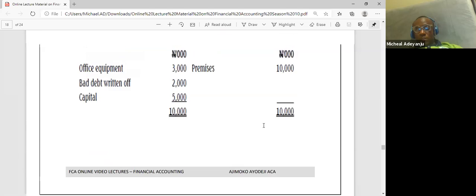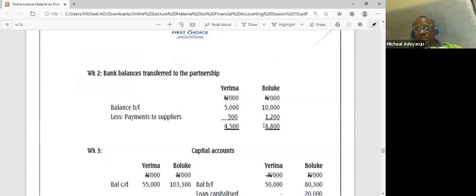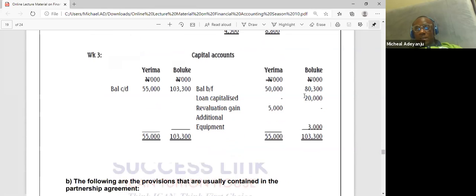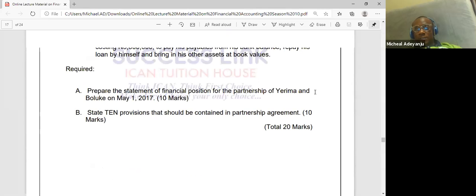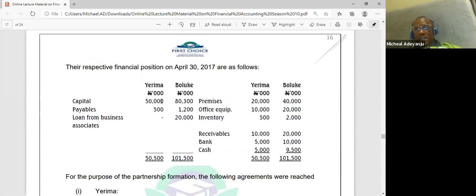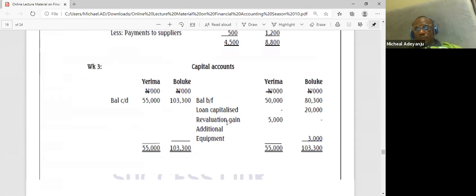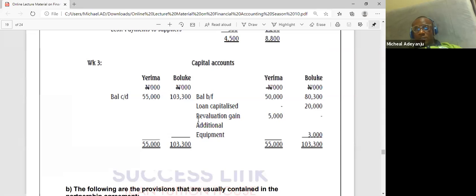Now, if you look at the workings, it should be very easy. Now, we open our capital accounts. The 80,300 balance brought forward, you can find that in this place, and the 50 million. You can find that we have loan capitalized of 20 million. That's loan that is now capitalized as 20 million.